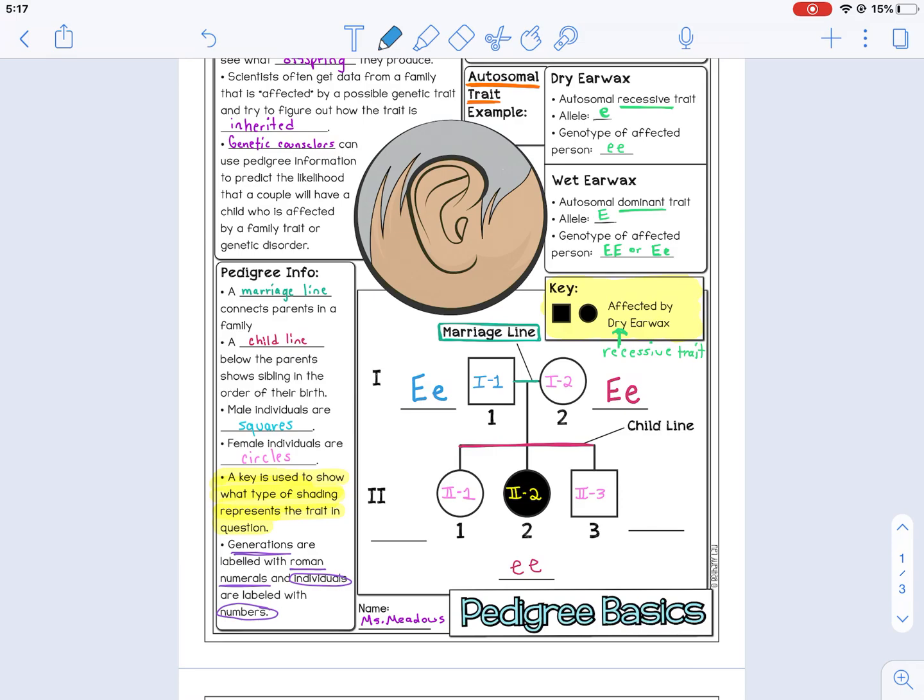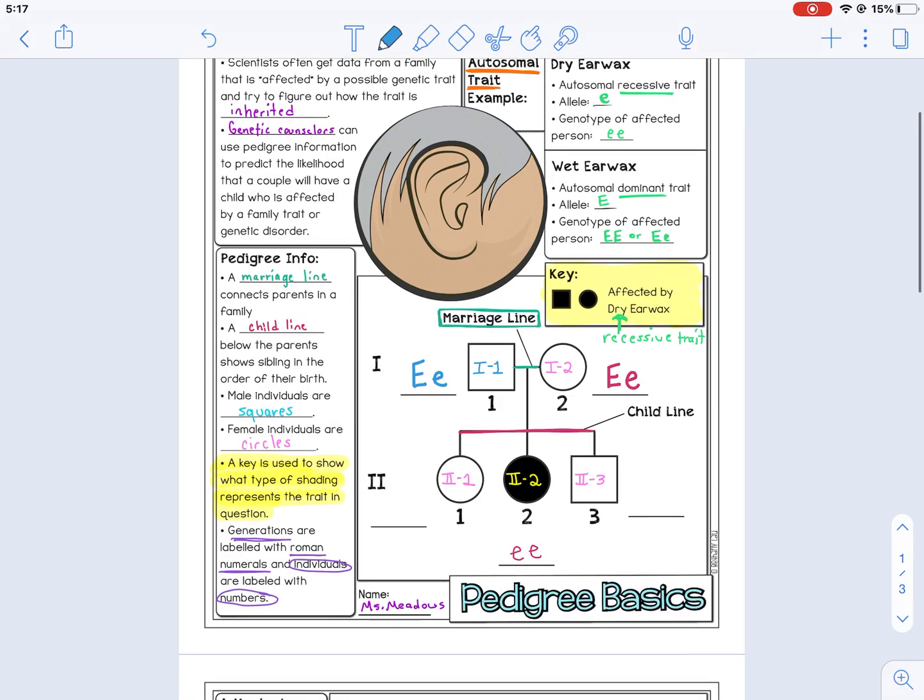Now, we figured out that both parents are heterozygous, which means there's a 50-50 chance that the father will pass on a big E versus a little e. And there's a 50-50 chance that the mother will pass on a big E versus a little e. Because of that, we don't know for sure what the genotype of individual II1 or individual II3 is. We know that they're not little e, little e because they're not affected by dry earwax.